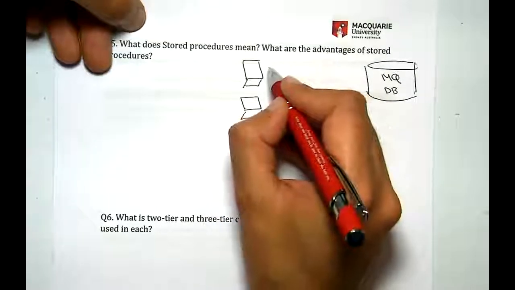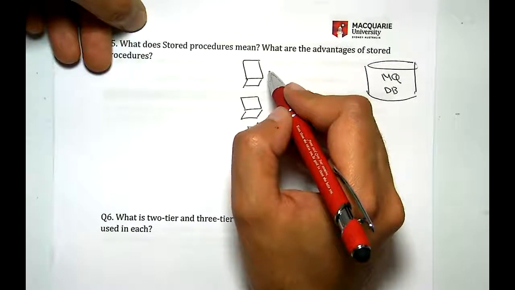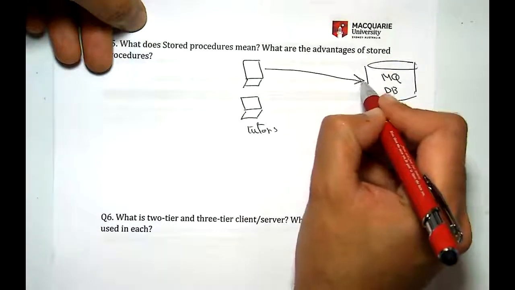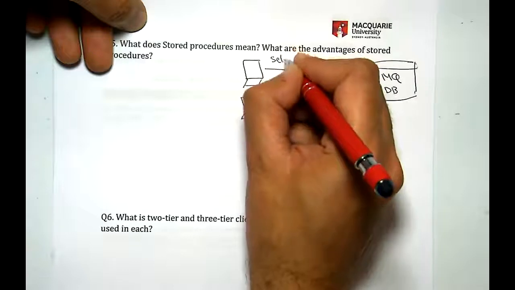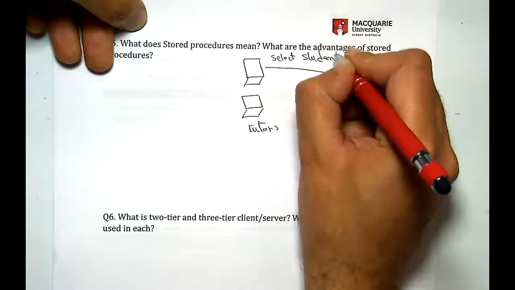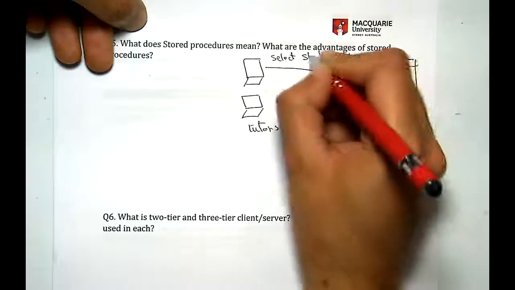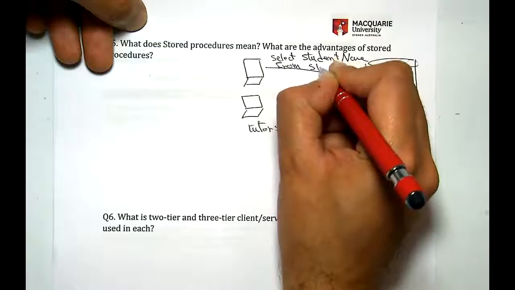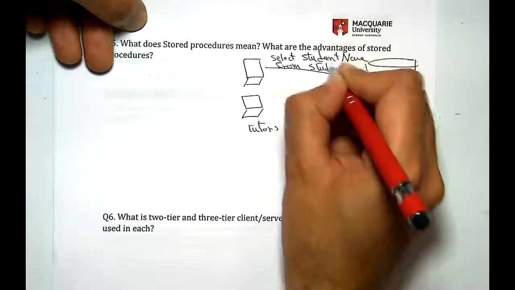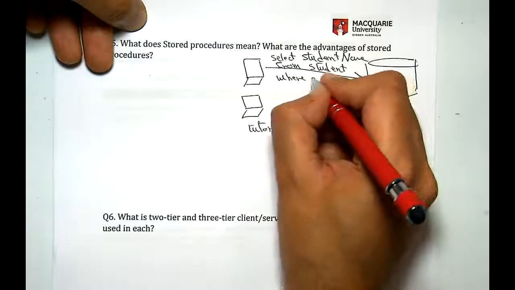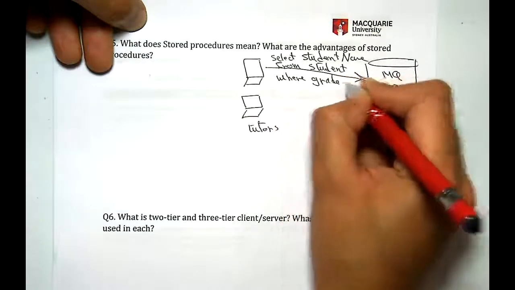They send some query to see the name of the student, for example, who get less than 50%. They send a query, maybe select student name from the table student where grade less than 50.